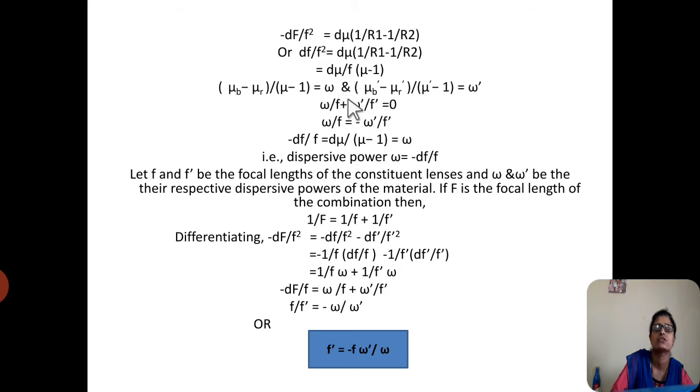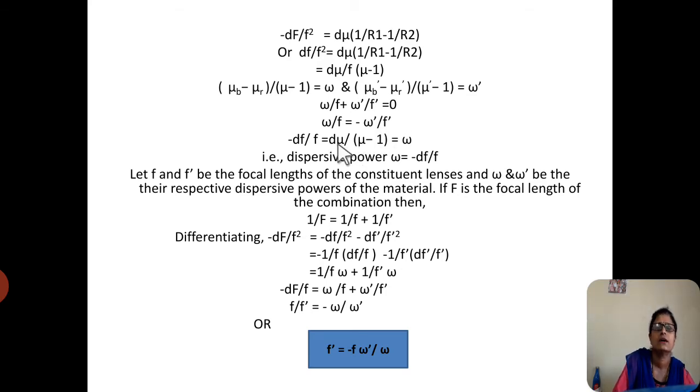Now substituting these equations in the above equation, it becomes omega by f plus omega dash by f dash is equal to 0. Then omega by f is equal to minus omega dash by f dash.